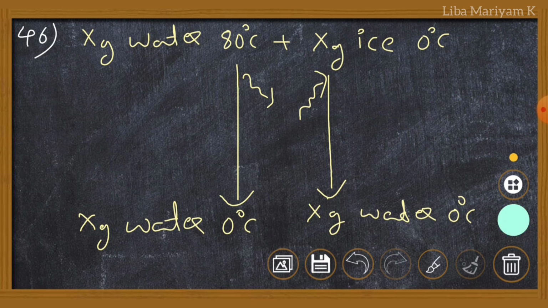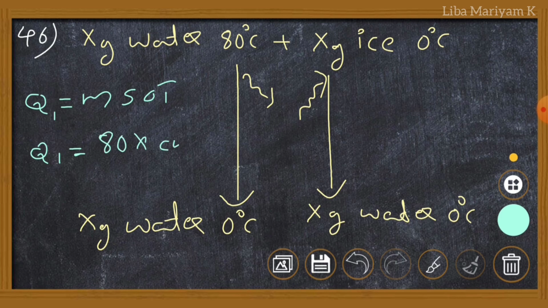Here the heat loss by hot body to change the temperature is given by Q equal to ms delta T. Let it be Q1. Q1 equal to mass is x gram and specific heat of water is 1. Change in temperature, 80 degree Celsius to 0 degree Celsius, so delta T is 80. Therefore, 80x calorie will be released.